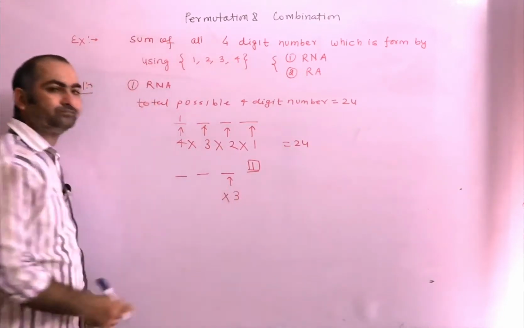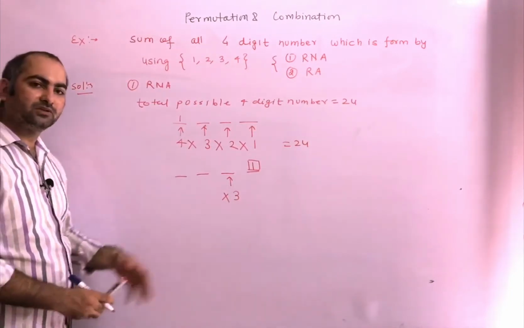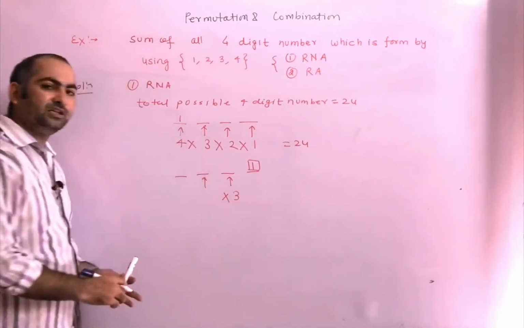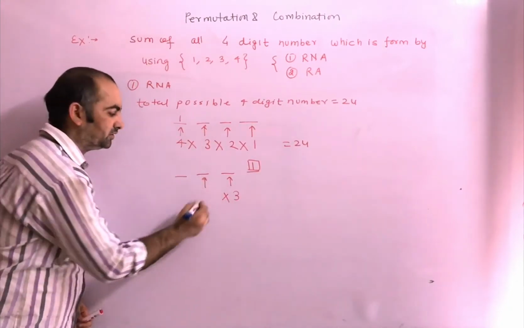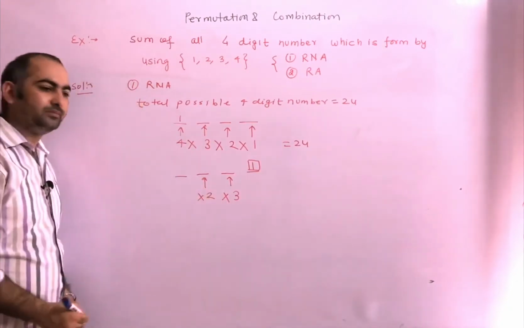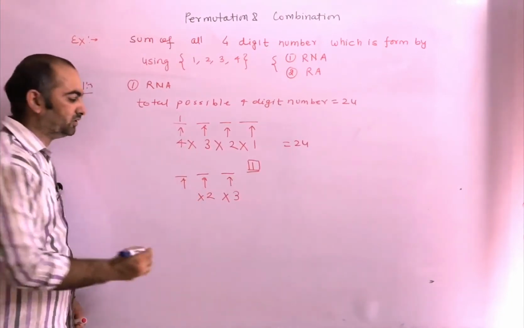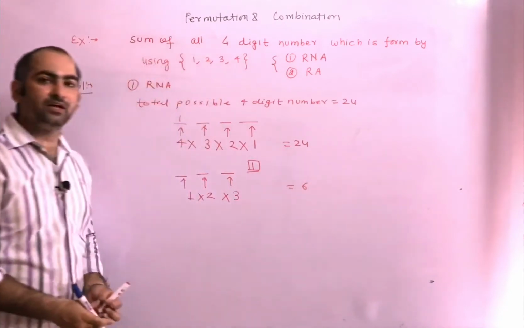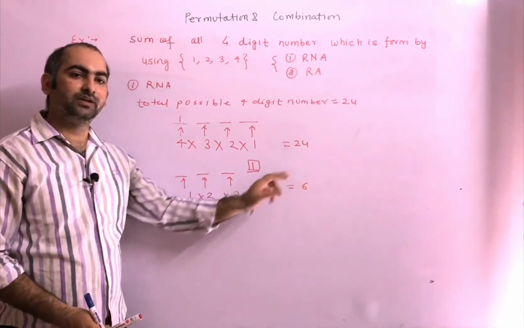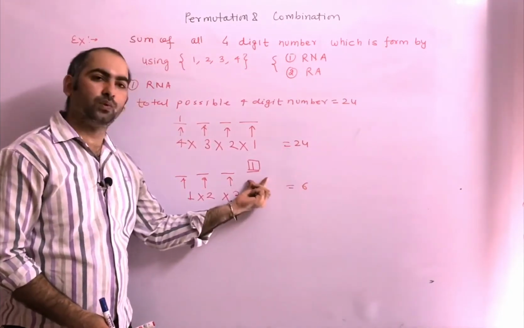Again multiplication. Now this place, 2 numbers remain, so 2 choices. Same for this place, only 1 choice. So 6. We can say that out of 24 numbers, there are 6 numbers where unity place is 1.